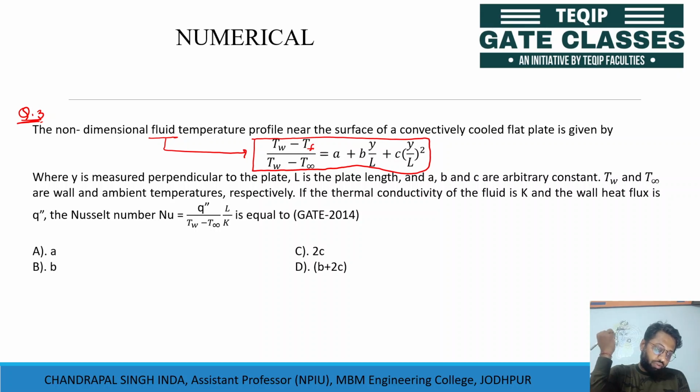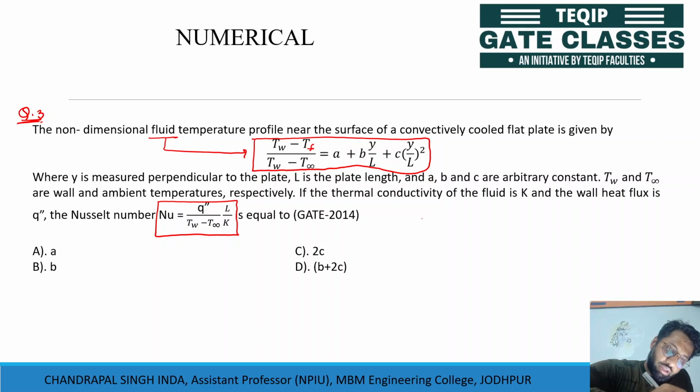so we have to find the value of the Nusselt number, and for the Nusselt number the formula is q double dot into L by K divided by T wall minus T infinity.